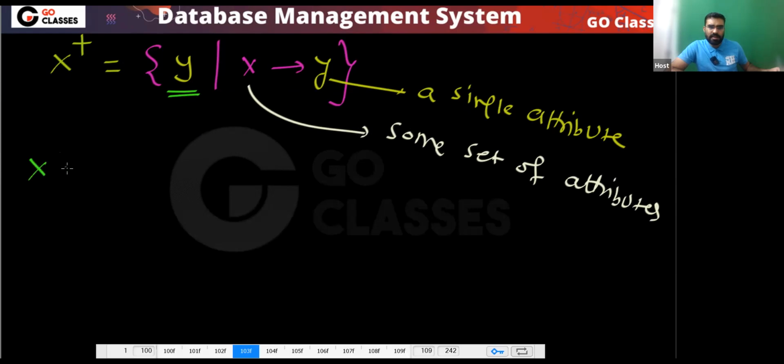Now you can notice, very simple, what X can determine. X can determine X, and that is trivial.